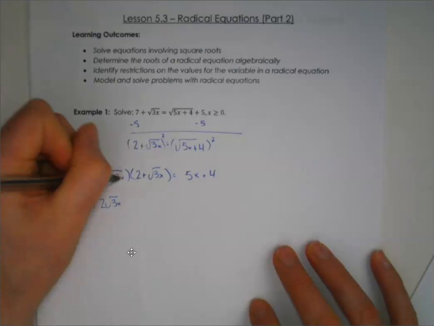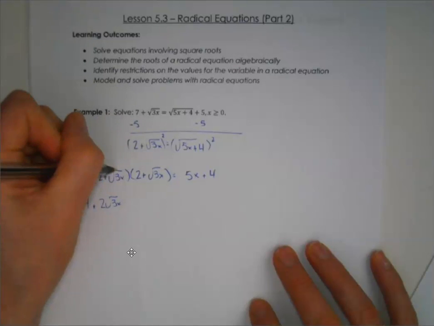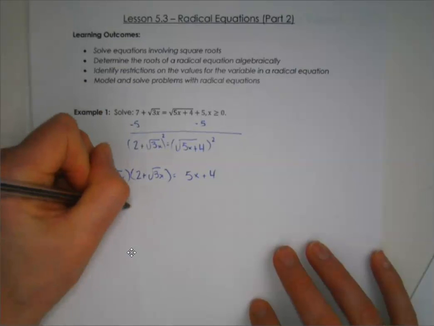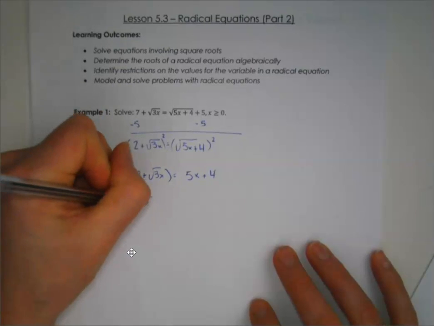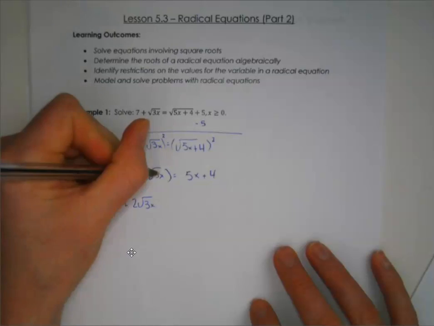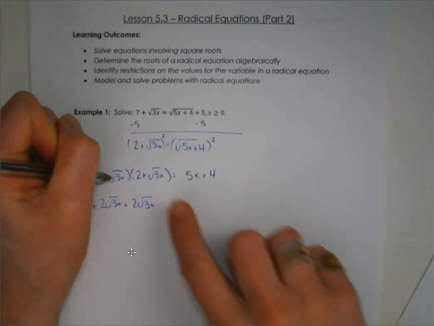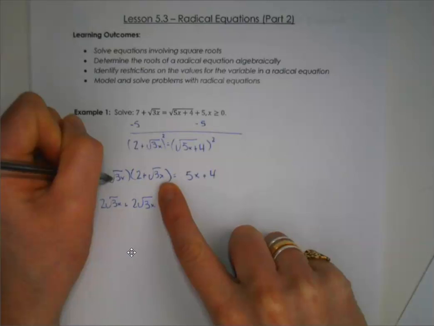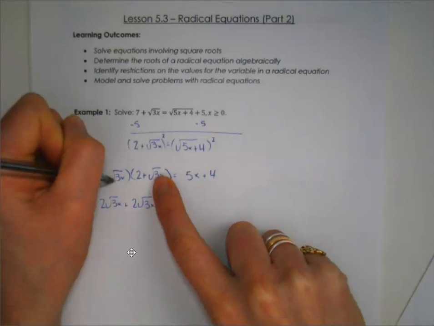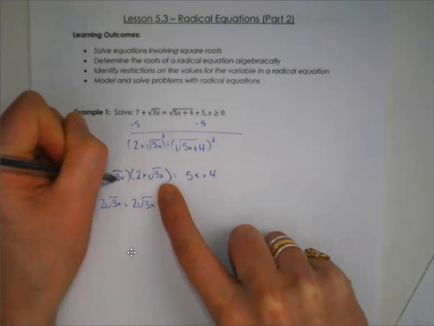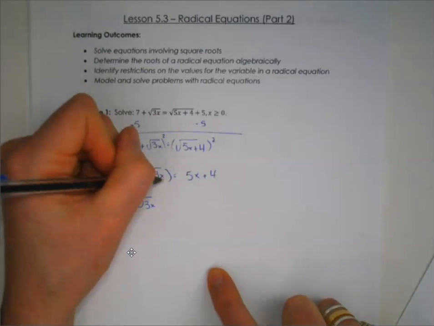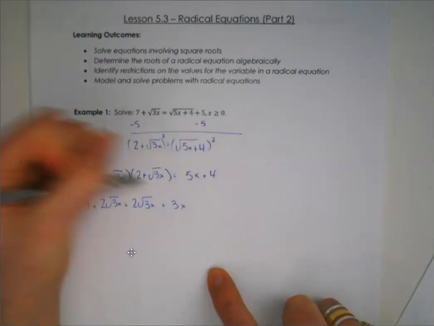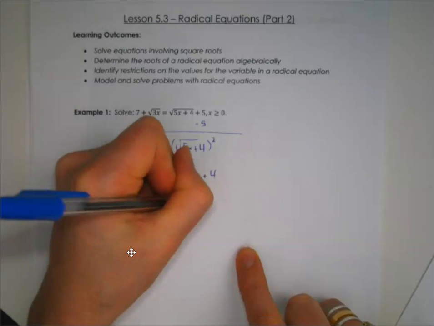Inside, again 2 times root 3x, both positive, so plus 2 root 3x. And the last two, if you multiply these two radicals together, that's the same as squaring them, so you eliminate the root and you're just left with plus 3x. And that's equal to 5x plus 4.